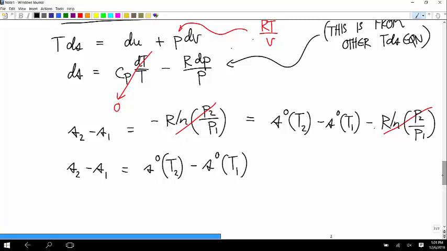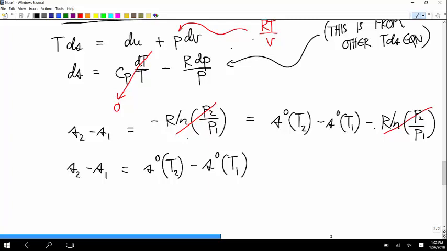But from using the TDS equation, starting with the TDS equation, making the assumption of ideal gas, we got that ds was equal to negative R dP over P. And so when I set those two things equal, P2 over P1 is 0.